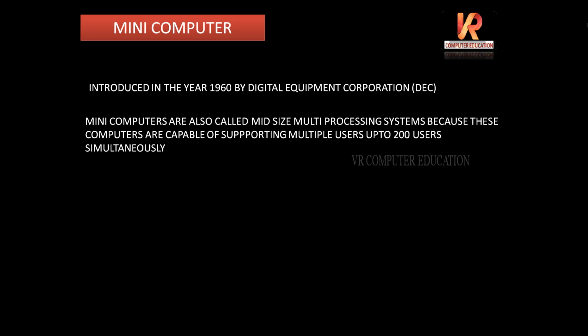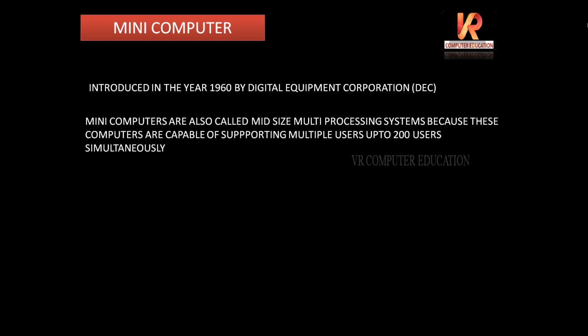Mini computers are also called mid-size multi-processing systems because these computers are capable of supporting multiple users, up to 200 users simultaneously. Here a microcomputer can be used by only one person, but mini computers are capable of supporting 200 users simultaneously.